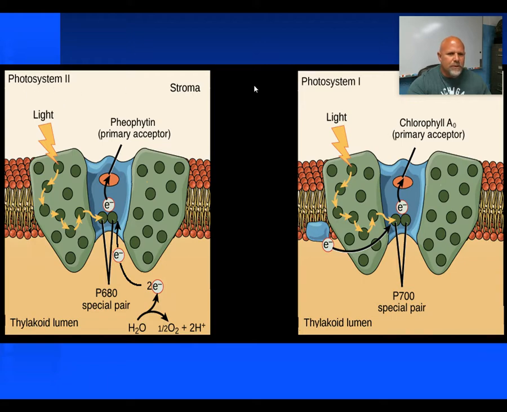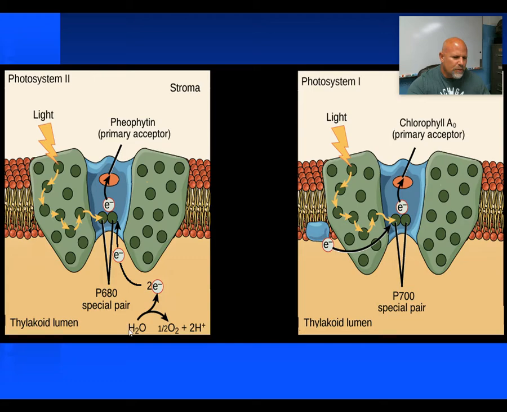Photosystem 2 and photosystem 1 have slightly different primary acceptors, but they basically work the same way. They do get their electrons from a different source. The electrons from photosystem 2 come from water. So we split water. The electrons are lost, which makes our hydrogens positively charged.